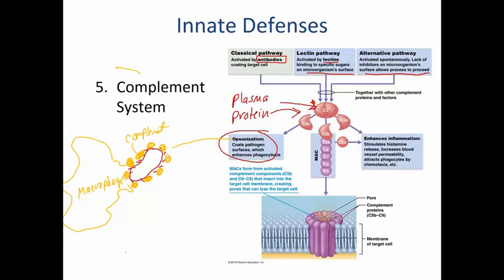So that's called opsonization. They can also enhance inflammation by causing the release of histamine, which increases blood vessel permeability. And we'll talk about inflammation a little later.